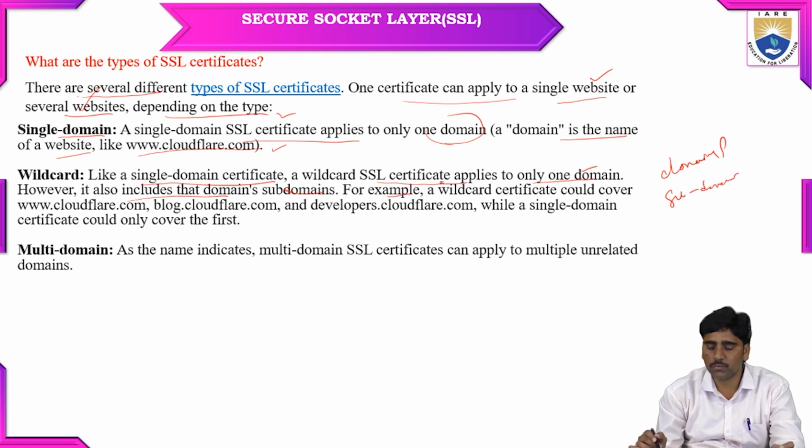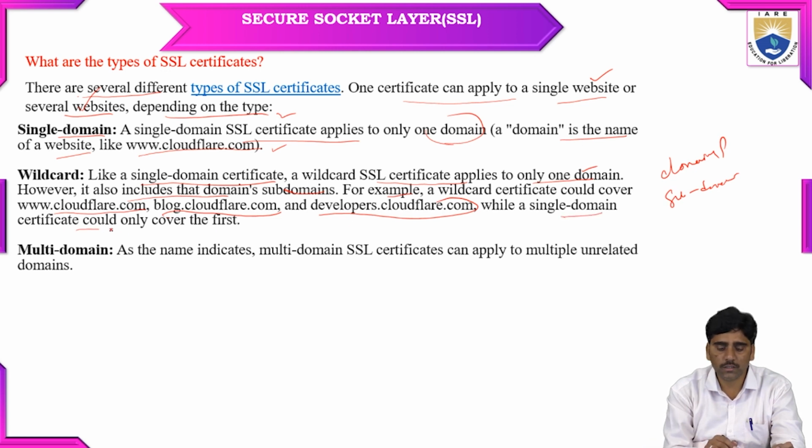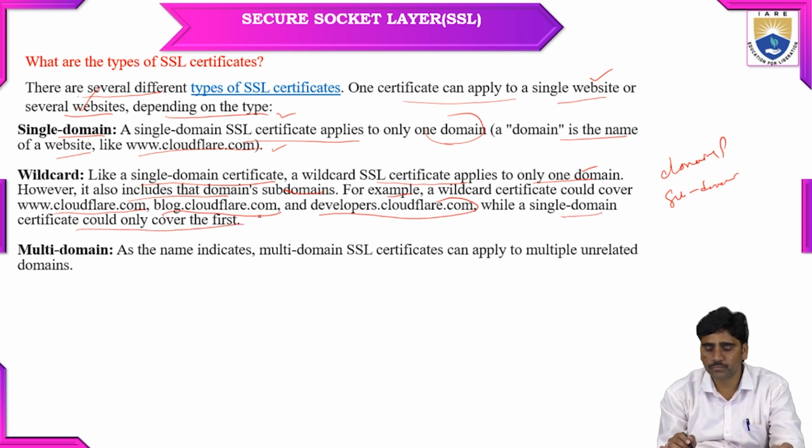For example, a wildcard certificate could cover www.cloudflare.com, blog.cloudflare.com and developers.cloudflare.com, while a single domain certificate could only cover the first one. The first one is the domain, the other ones are subdomains, and it is applied for both. That is the wildcard domain.